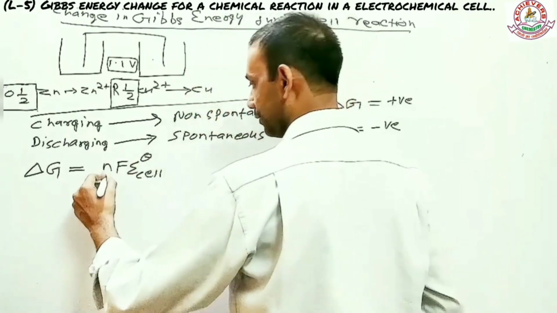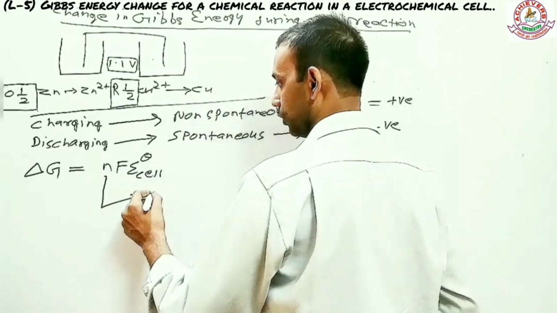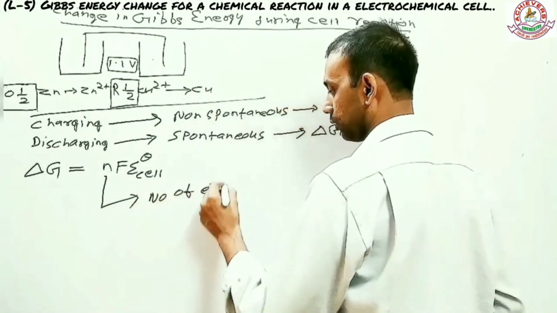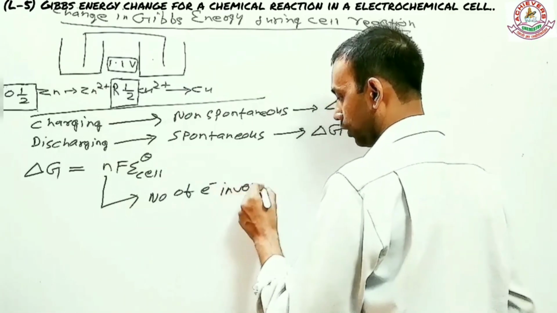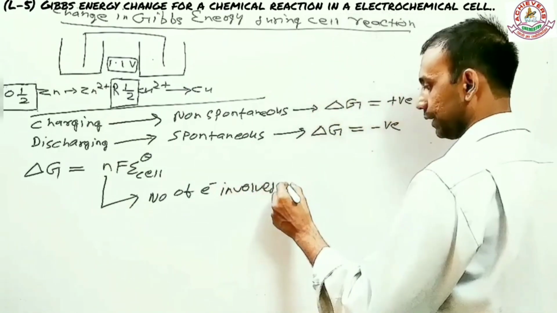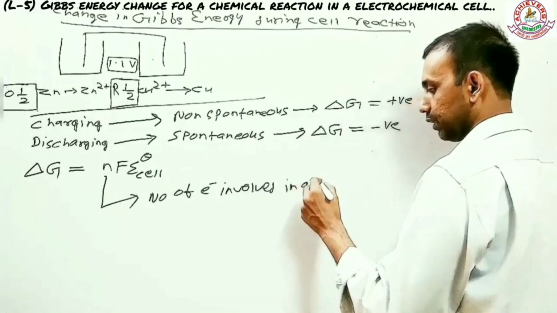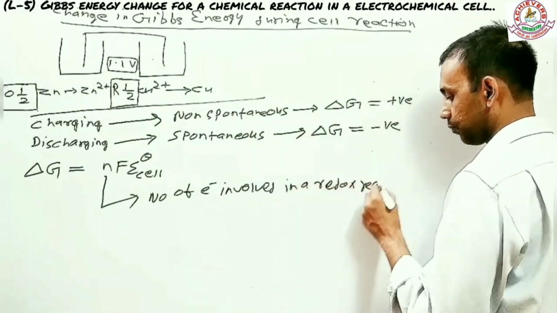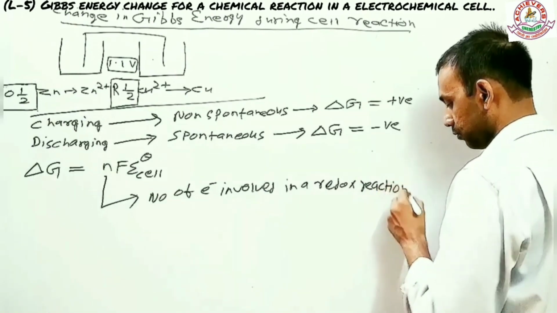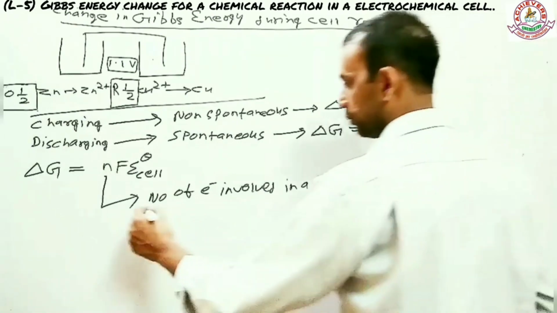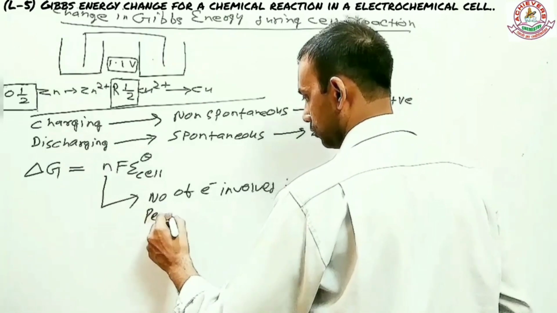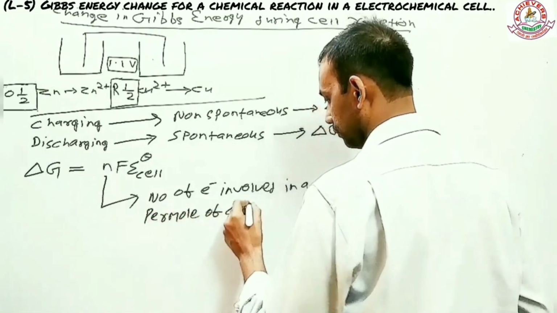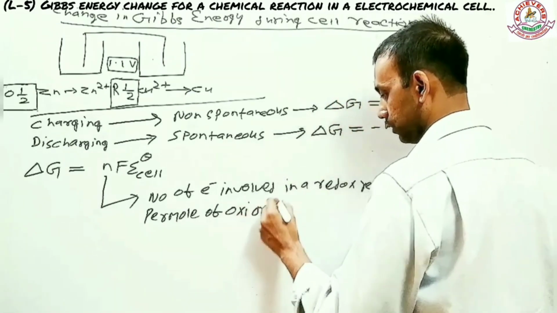What is n? n is the number of electrons involved in a redox reaction, per mole of oxidation or reduction.